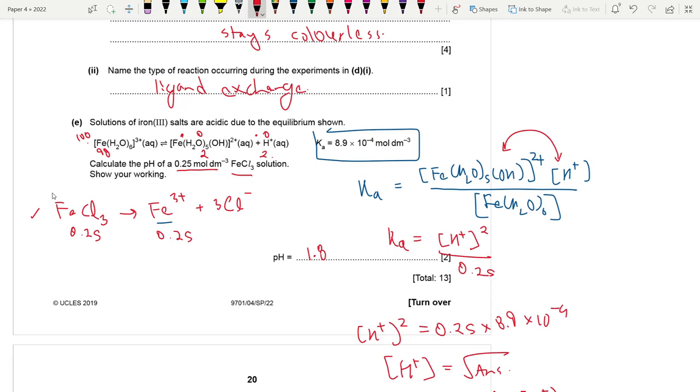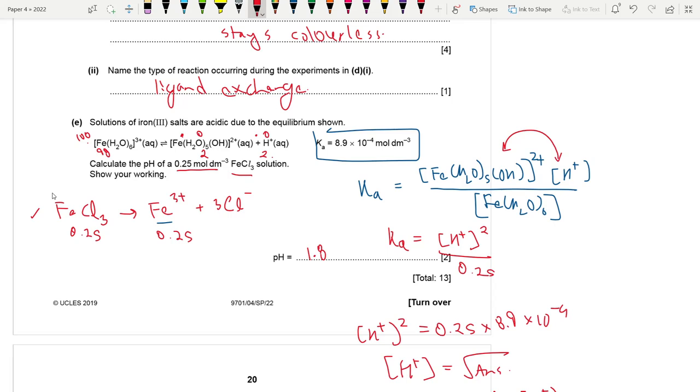Now look at this. What do we have given? The Ka of this equilibrium. This Fe3+ forms an equilibrium with water. Ka is equal to [H+][Fe(H2O)5OH] divided by [Fe(H2O)6], products divided by reactants. In Ka, except for buffers, the numerator concentrations will be equal, so you can always square it while calculating pH, except for buffers.